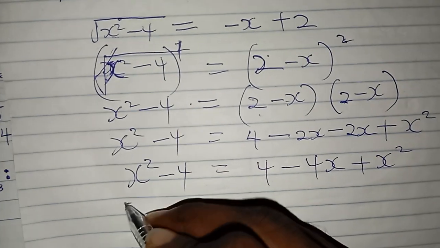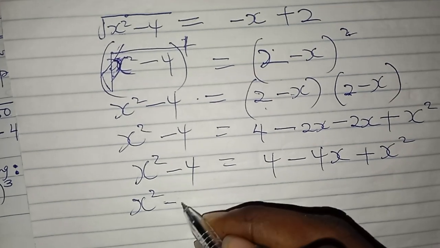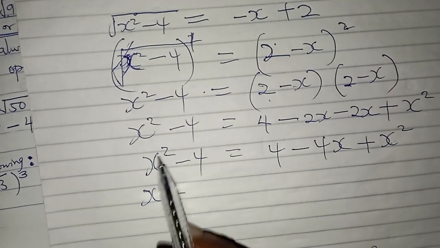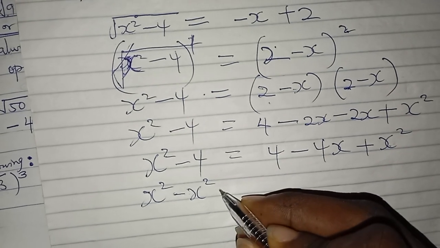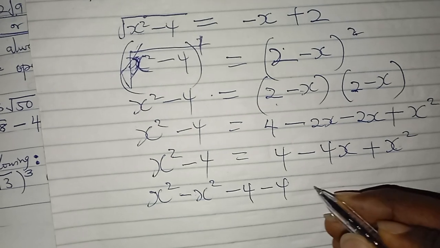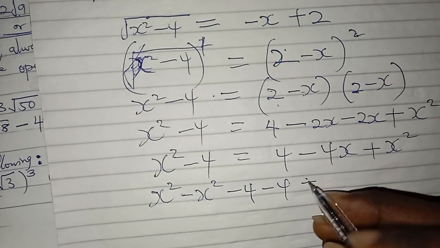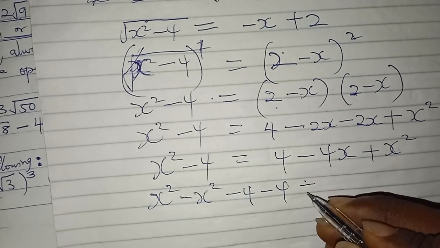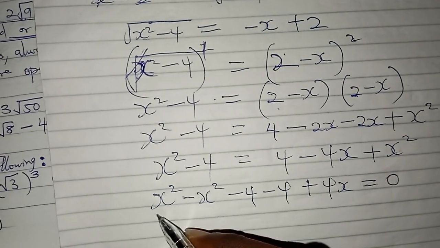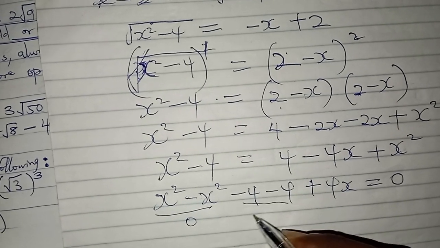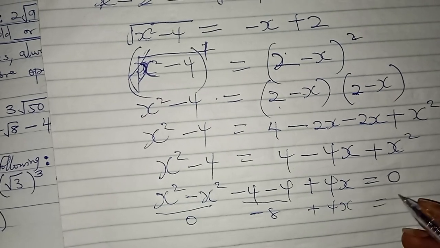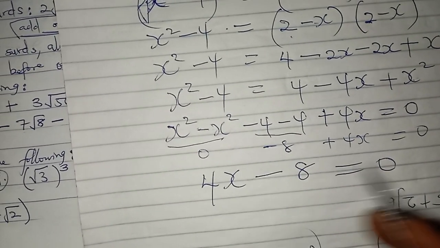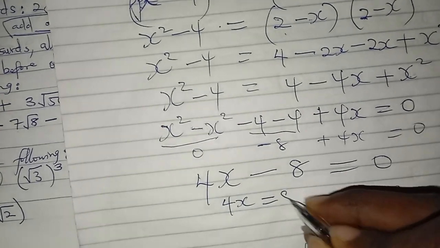At this junction, I can collect like terms. So I have x squared minus x squared, and this can be the same thing as saying 4x equals 8.